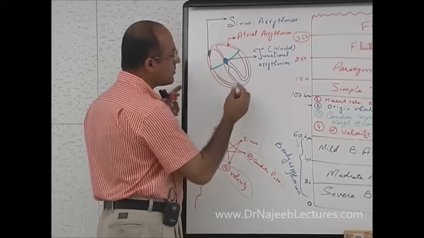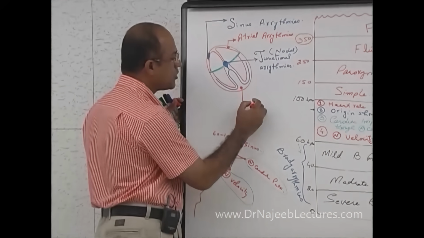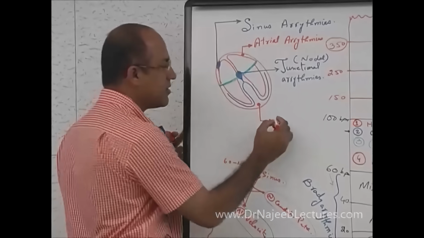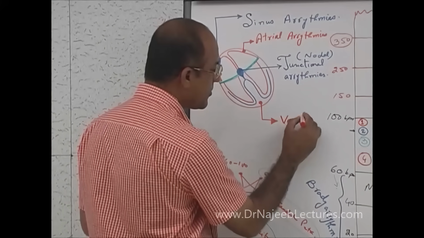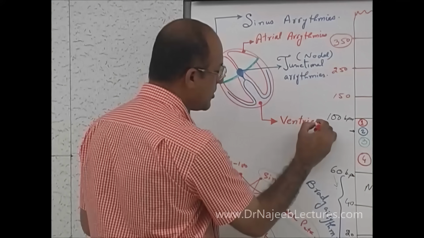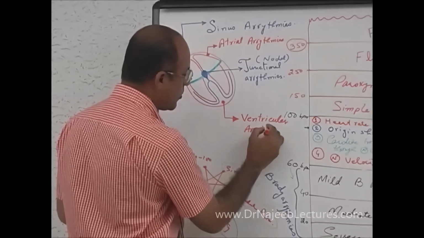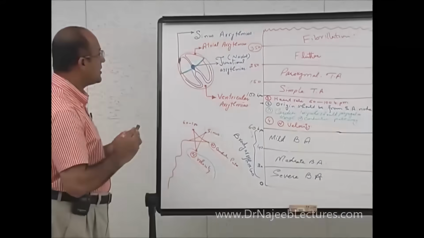And if there is abnormal rhythm originating due to abnormality within the ventricle, we call it ventricular arrhythmias, right?